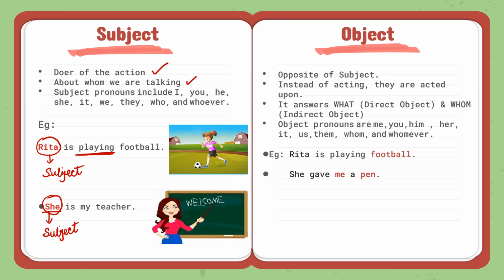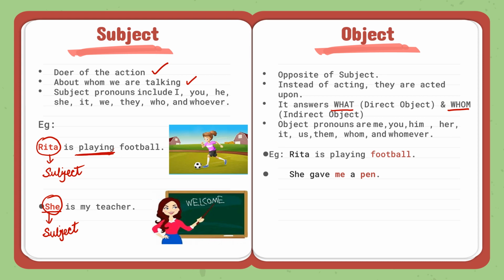Now let's understand object. Object is just the opposite of subject. Instead of acting, they are acted upon. An object answers either of these two questions: what or whom. And we can have two objects also in one sentence, or even more than two.